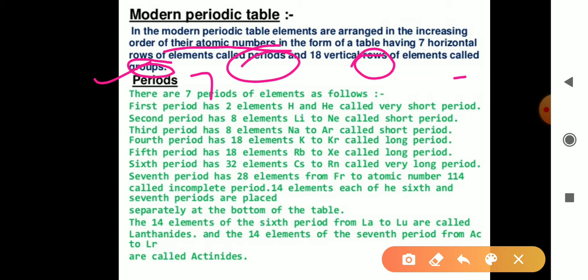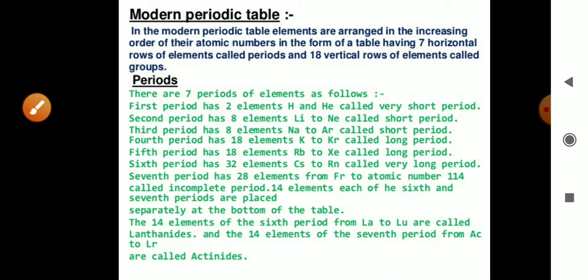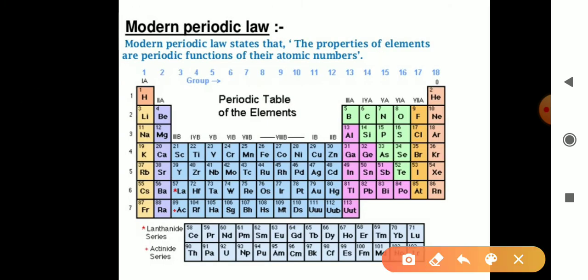The first period has 2 elements, hydrogen and helium, and is called a very short period. As we saw earlier, the first period contains only 2 elements: hydrogen, and at the end helium. The middle space is empty.